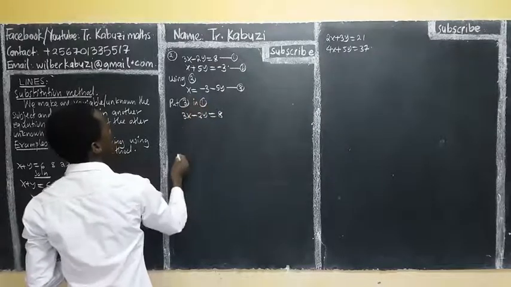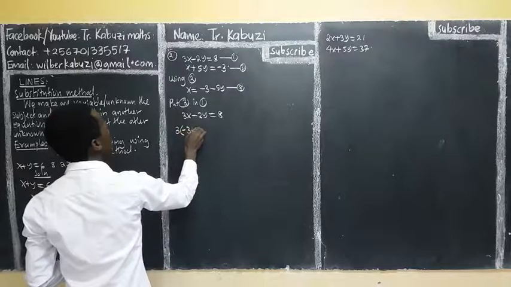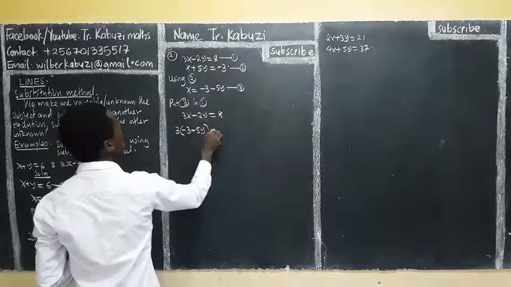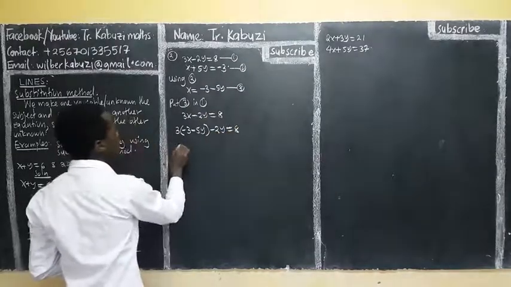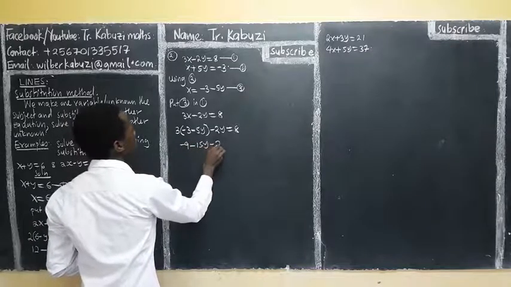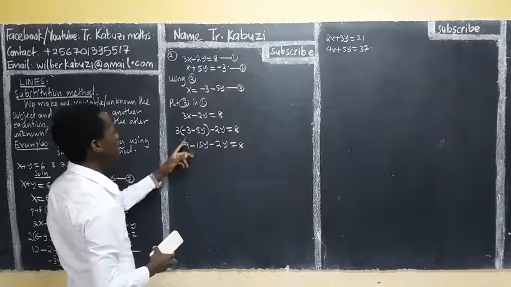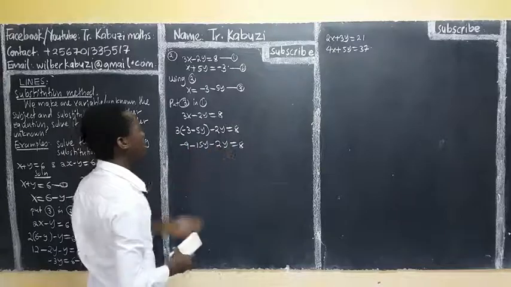Where there is x, I put this: 3 into (negative 3 minus 5y), minus 2y equals 8. This will be negative 9 minus 15y minus 2y equals 8. Opening the brackets, negative 9, negative 15y, then minus 2y equals 8.